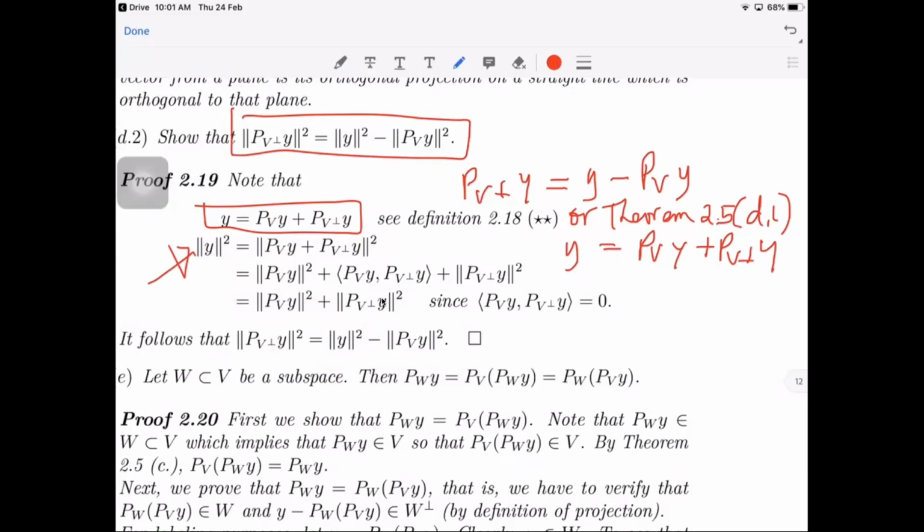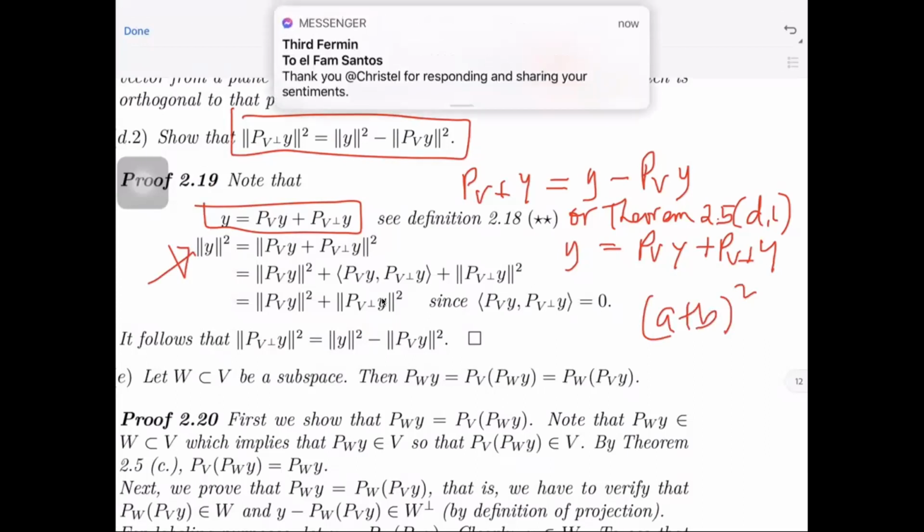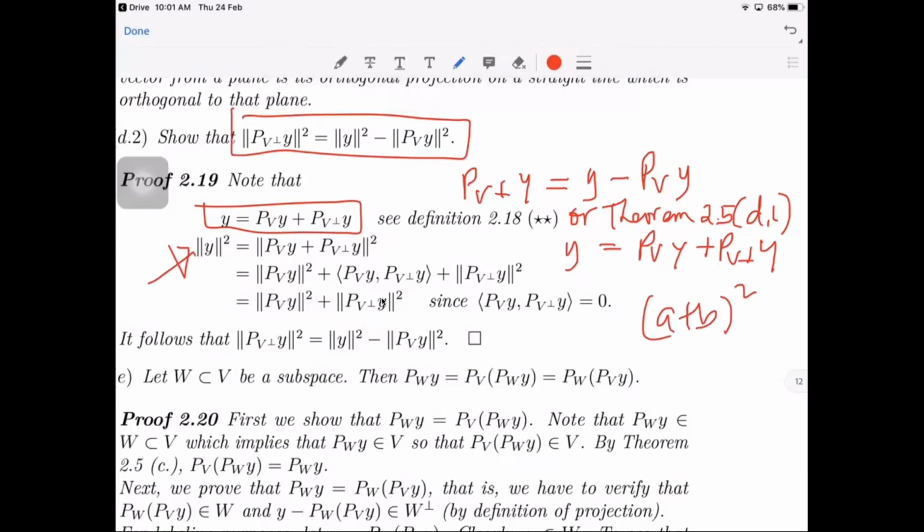Okay? And then what happened? So it becomes (a plus b) square, which should be a square plus 2ab plus b square, vectors.